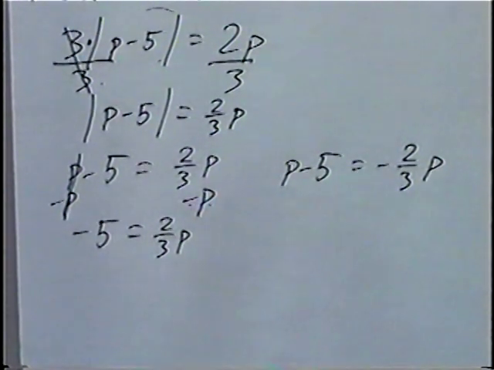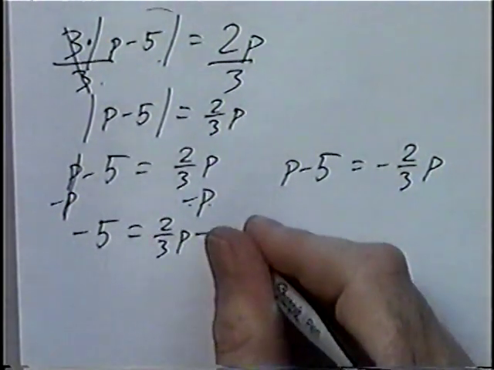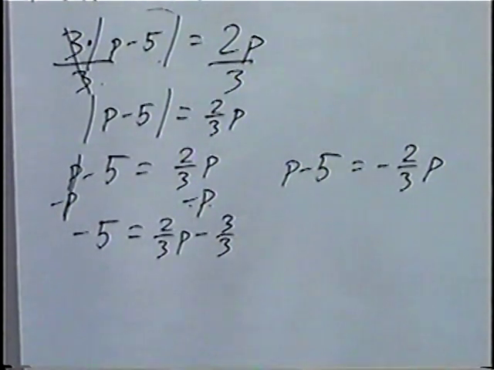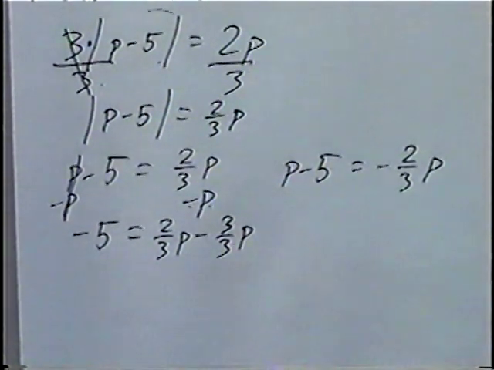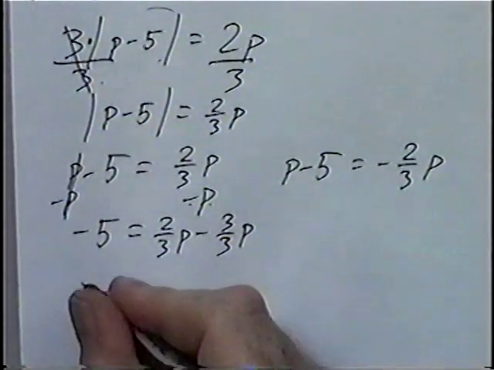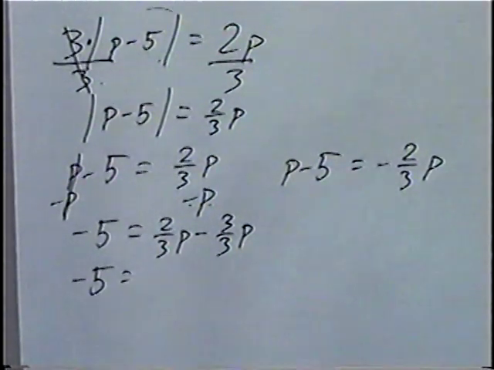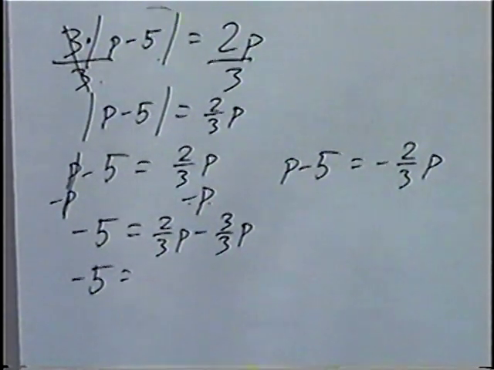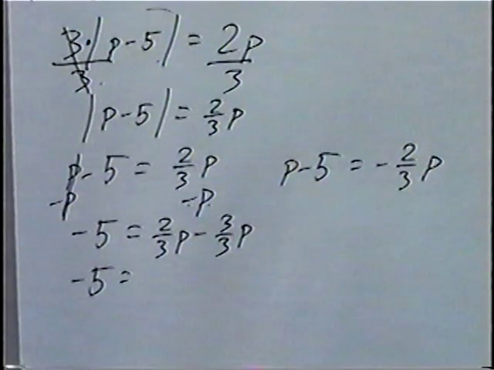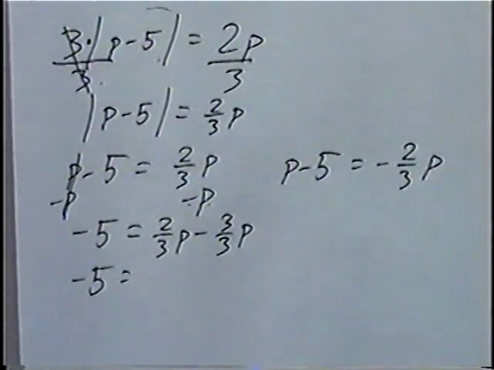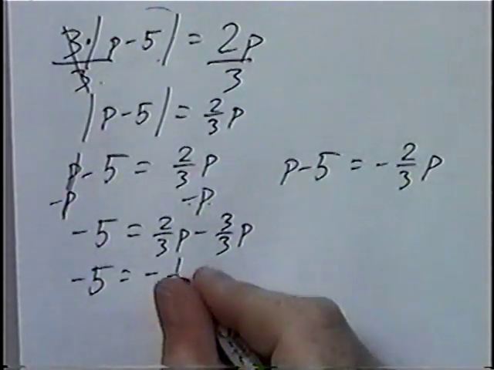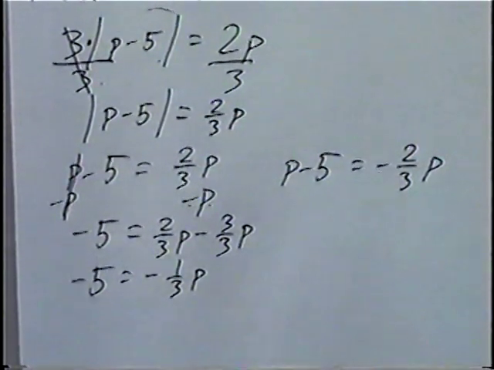And instead of minus 1p, you can change 1 into 3/3, or minus 3/3 p. Negative 5 stays the same. And now we have common denominators. 2/3 minus 3/3 would be negative 1/3 p.